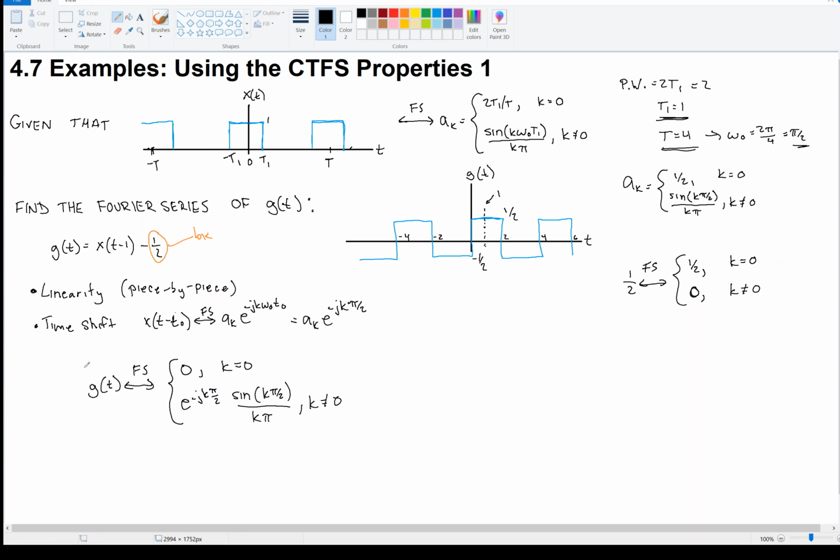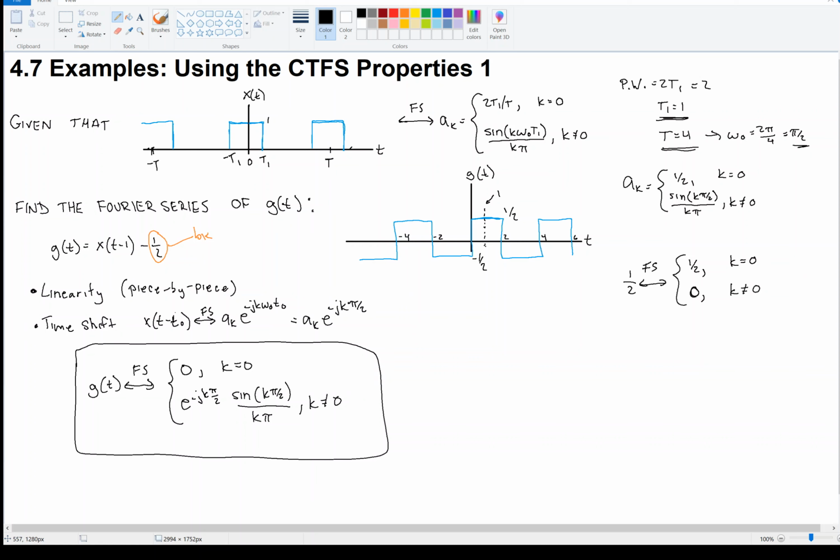Okay, and those are the Fourier series coefficients. That's it. Now let's try to understand what our answer is. So again, before we get into the intuition of our answer, I just want to say that's the answer. Okay, so if you can stop there.